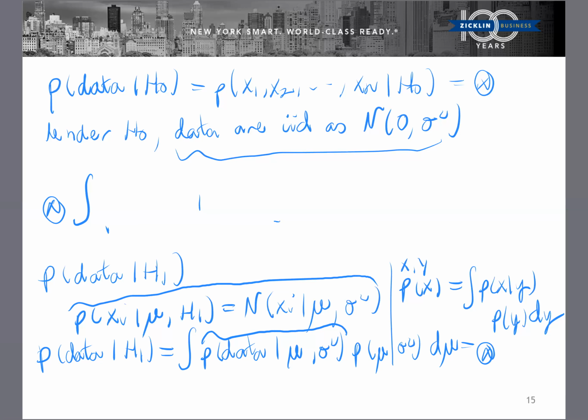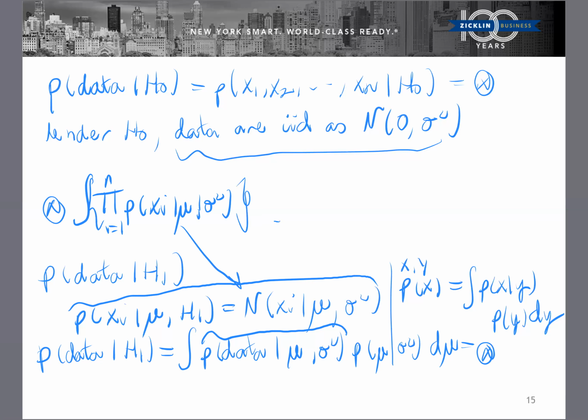So we can use the same thing that we used for the h naught and write it as a product of p of xi given mu and sigma squared. This goes from i equals 1 to n. We know what these guys are. Okay? These are the normal densities, which we have discussed before.